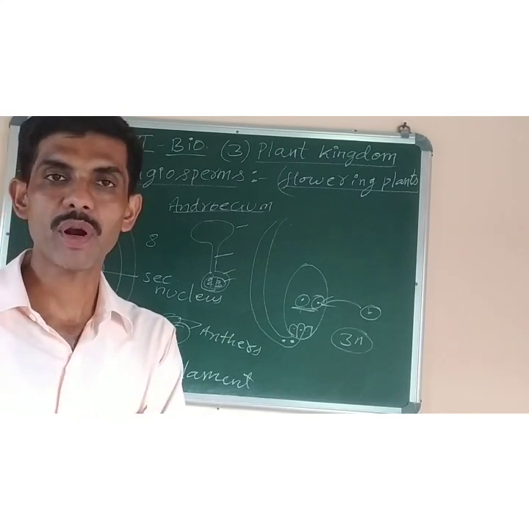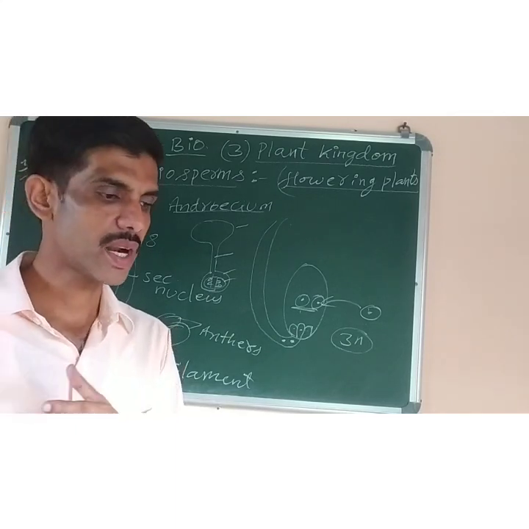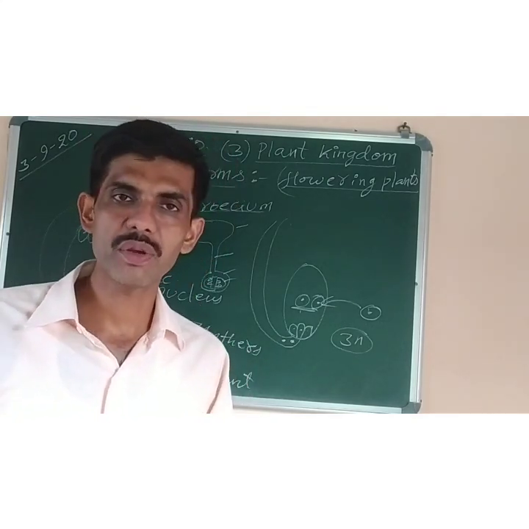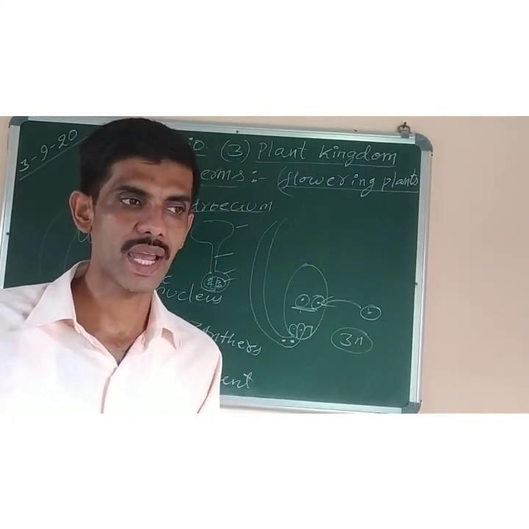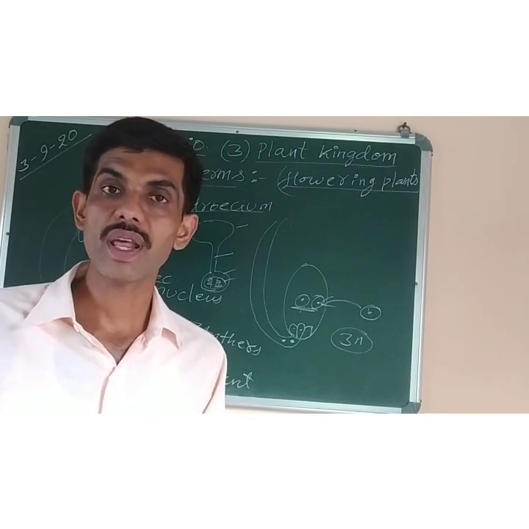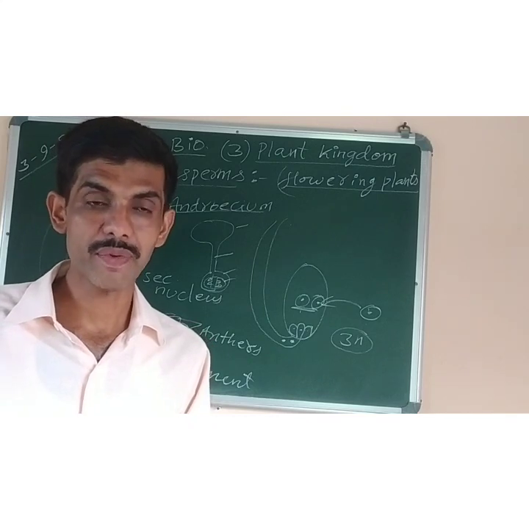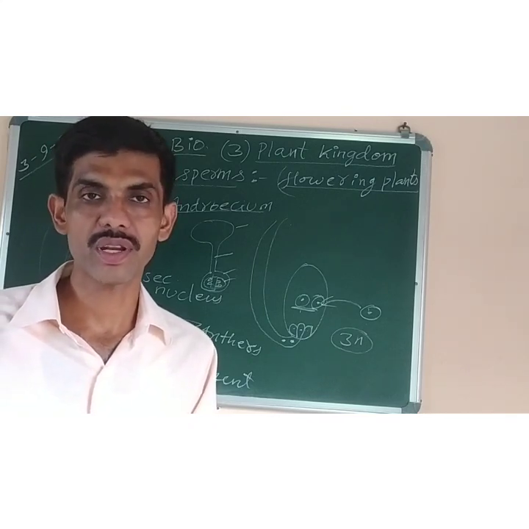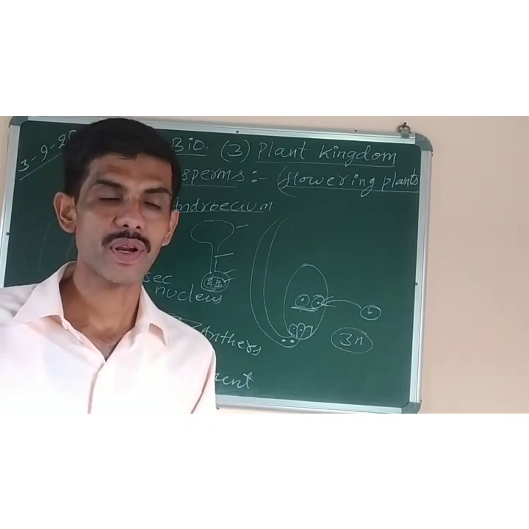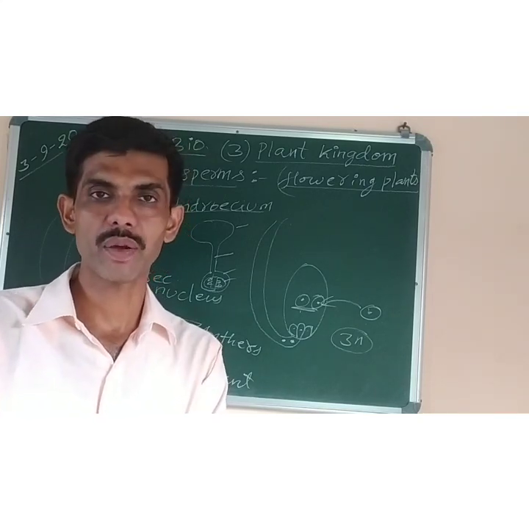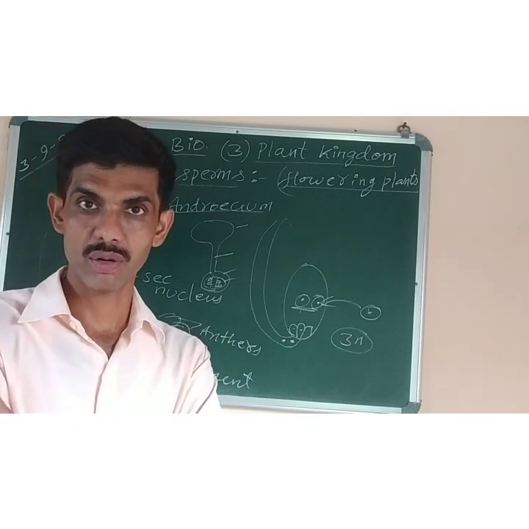If you talk about clothing, although so many artificial textiles have been introduced in our society by scientists, they are not as comfortable as the natural fibers produced by plants. Cotton is the best one. Still we go for cotton. We demand cotton clothes. Why? Because we are more comfortable in cotton clothes.